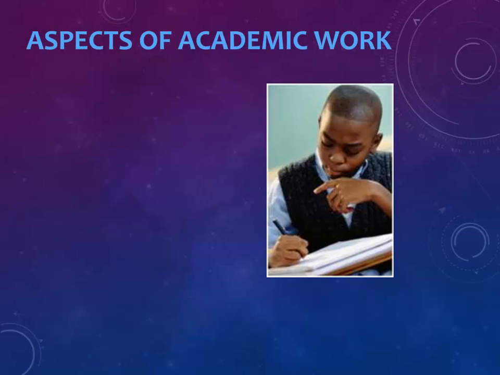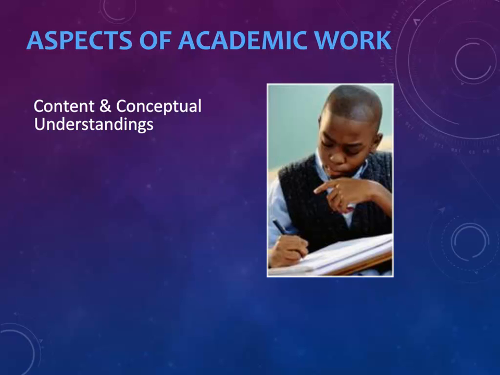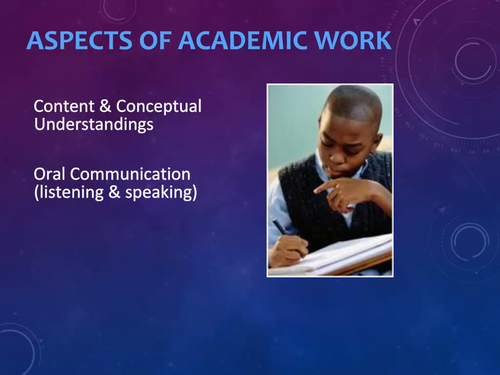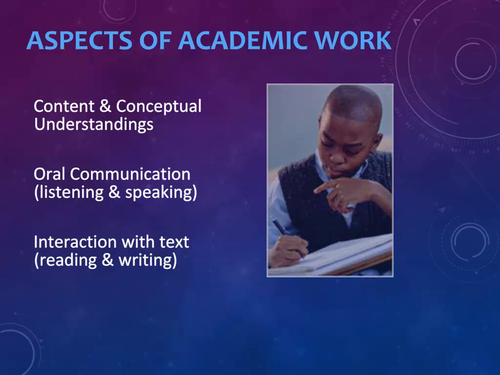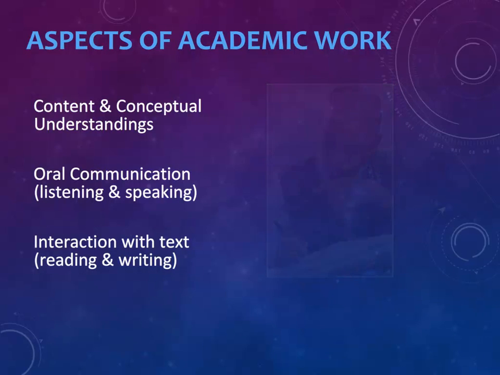Building on the distinction between the reservoir and the pathways, it is helpful to think of all academic activity as having different aspects. They are the conceptual knowledge itself, what students must learn, the ways students and teachers speak and listen, and the text materials that will be used and produced by reading and writing.